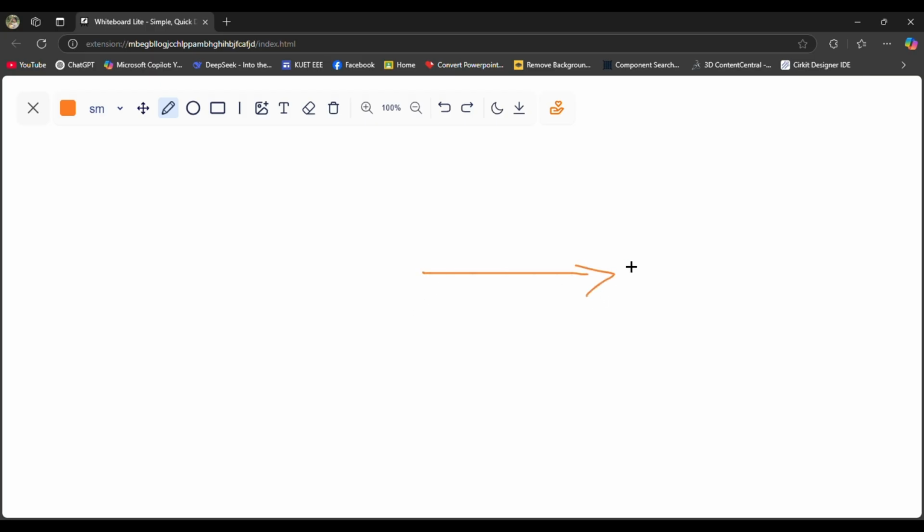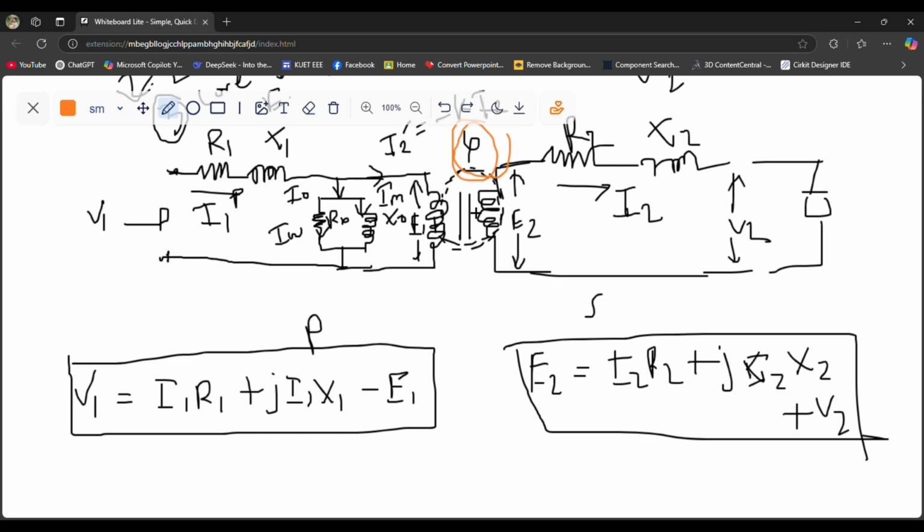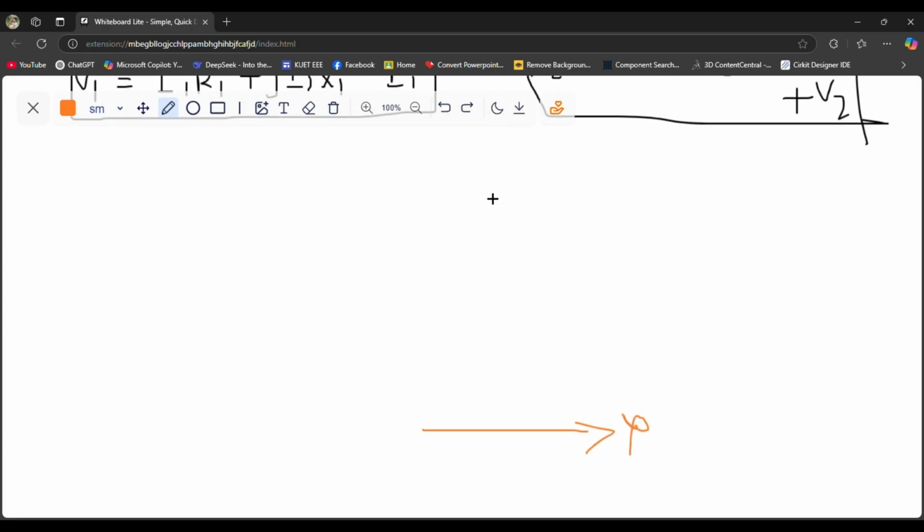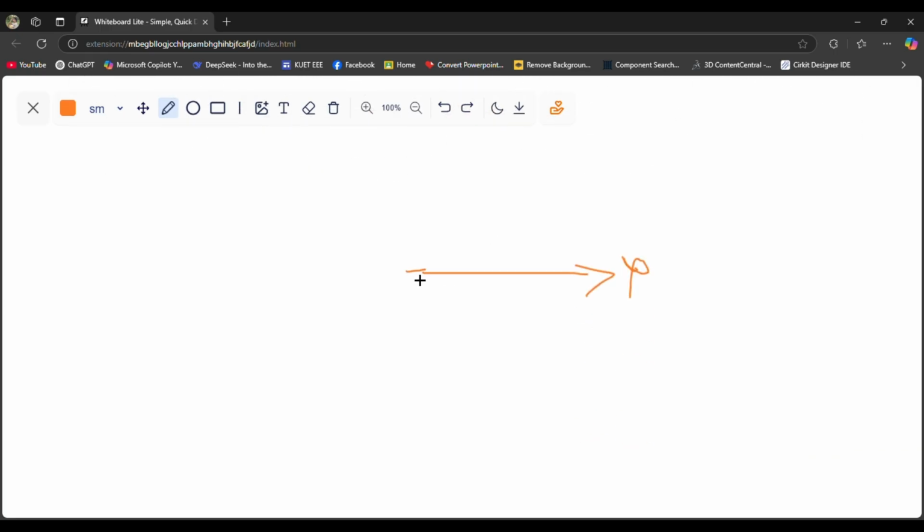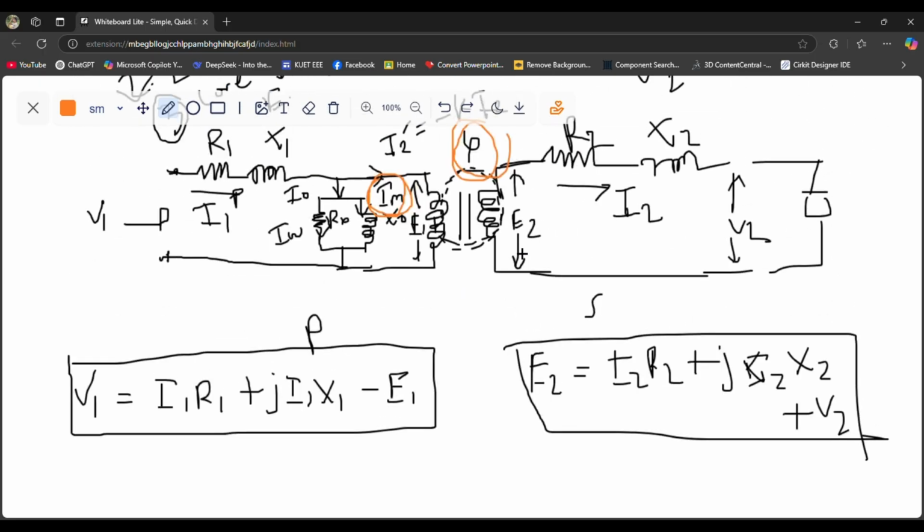Let's say the flux is like this, and this flux is generated for this magnetization component IM. So IM and phi will be in the same direction or in the same phase. So we have to write IM in this direction. And then we have this E1 and E2.